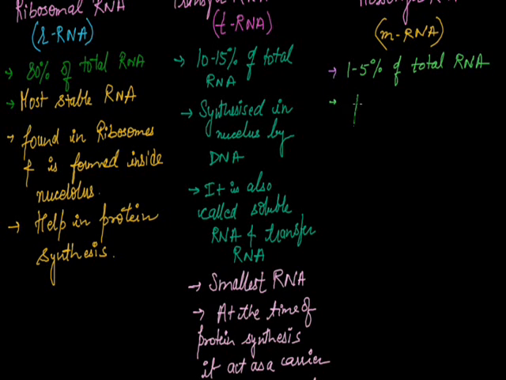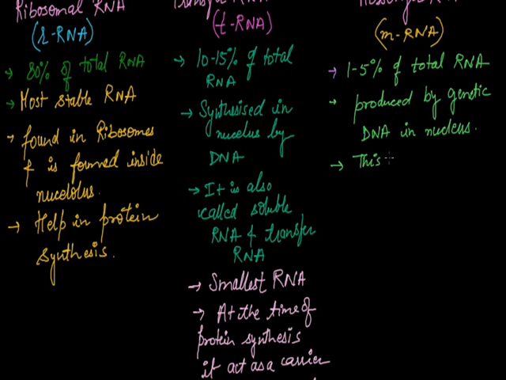It is produced by genetic DNA in the nucleus. This process of formation of mRNA from DNA is known as transcription.